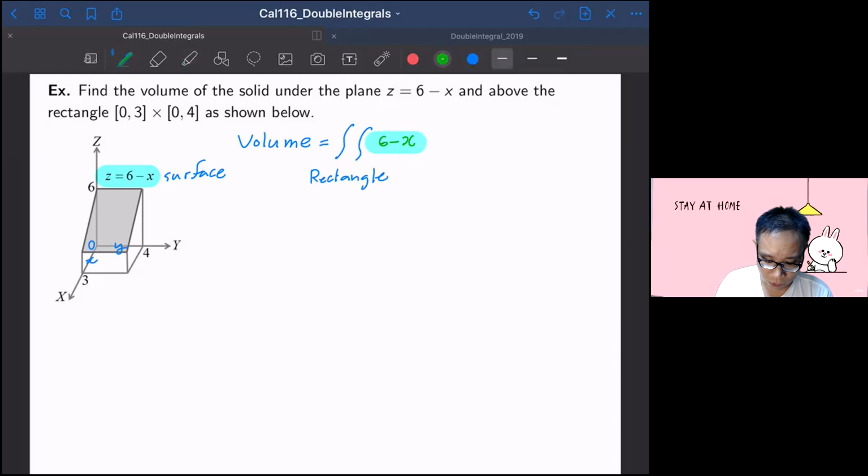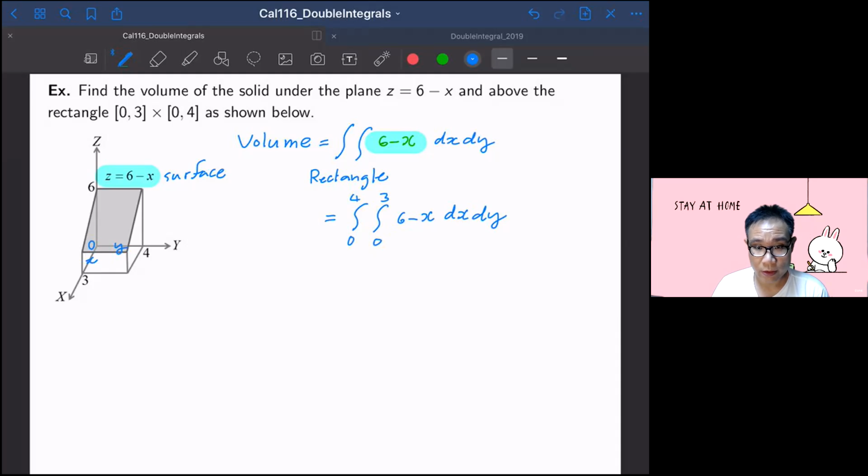And this translates to the integral of 6 minus x dx dy, where x runs from 0 to 3 and y runs from 0 to 4.